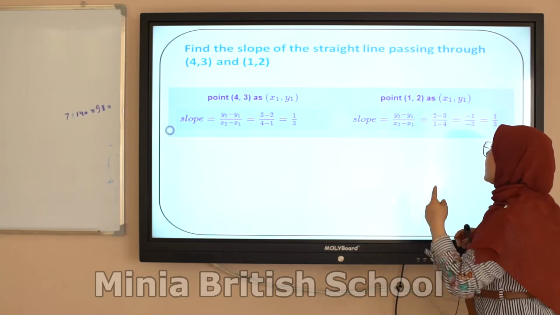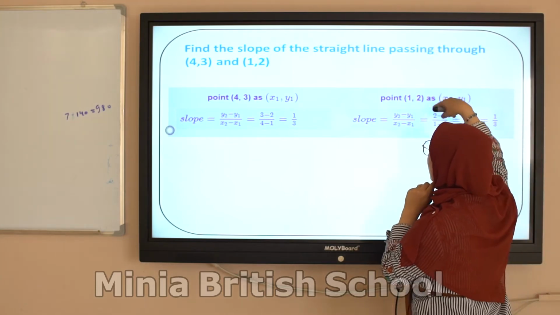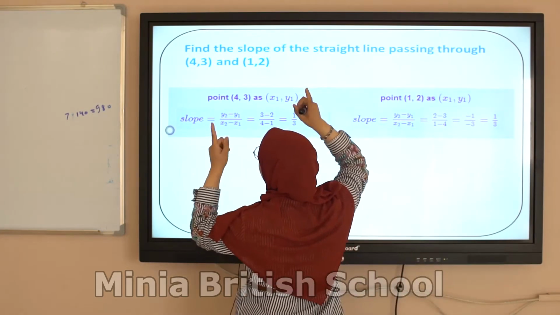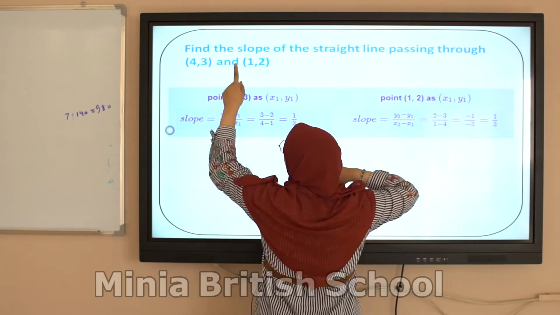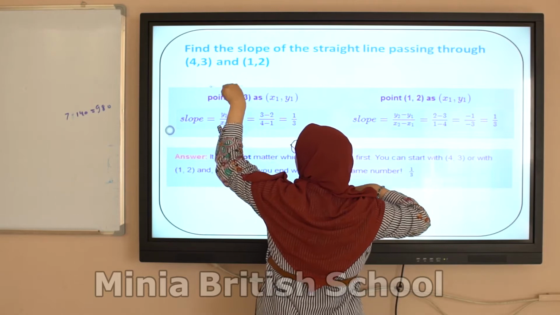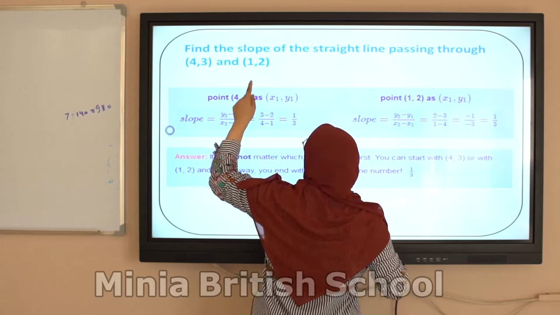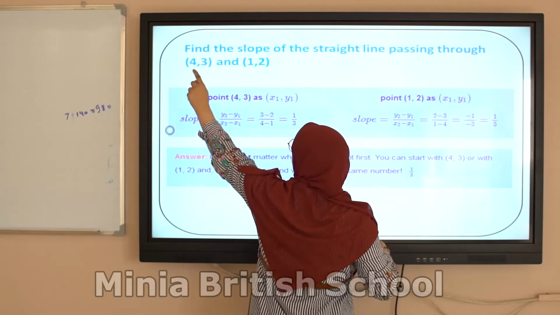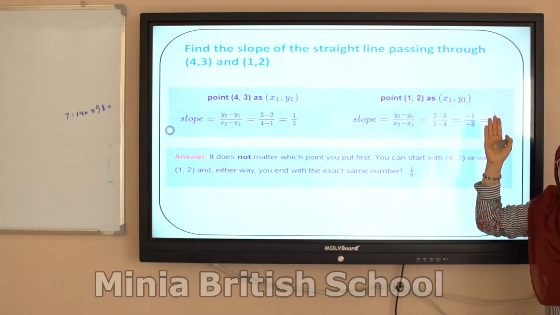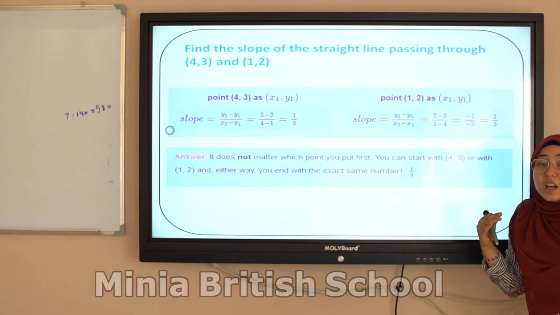Now if the point 1, 2 is the first point, y2 equals here 2 minus 3, over 1 minus 4, equals negative 1 over negative 3, which also equals a third, okay?